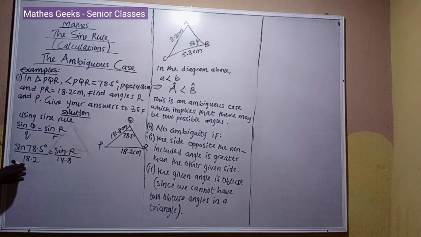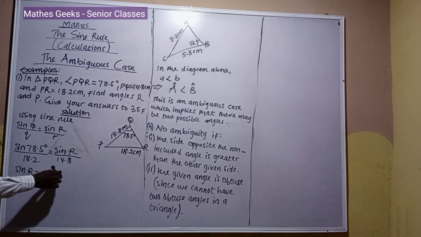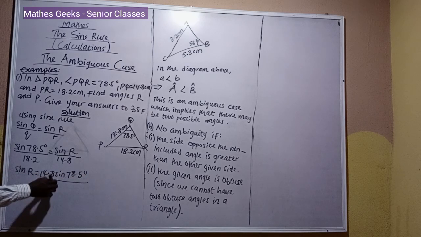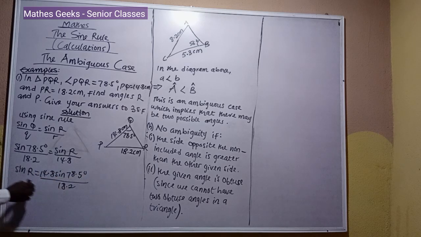So sine R equals 14.8 sine 78.5 degrees over 18.2.